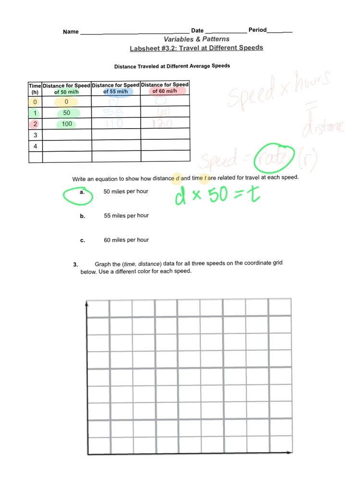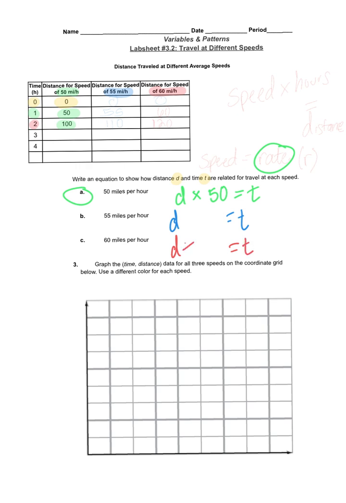Okay, your job is to pause the video and create the equations for B and C. So I'll come back in a second and do that with you. Okay, so a couple things that you probably noted or should have noted is that D is not going to change and that T is not going to change. Okay, for both of these equations, you're still going to have D and it's all going to equal T. Whoops, not 6, T. Okay, my pen has a mind of its own.